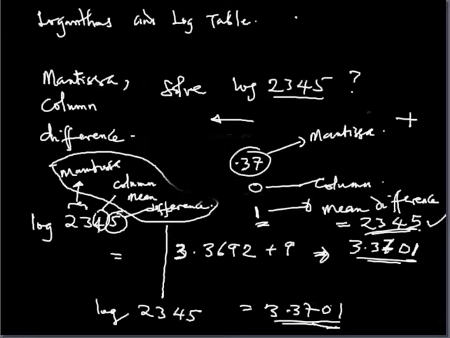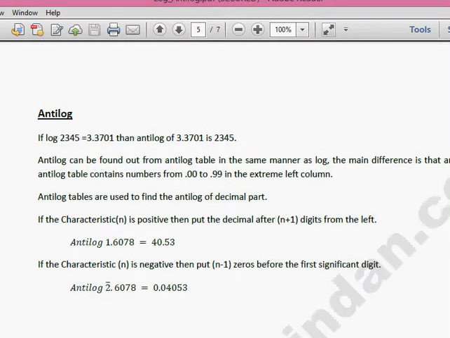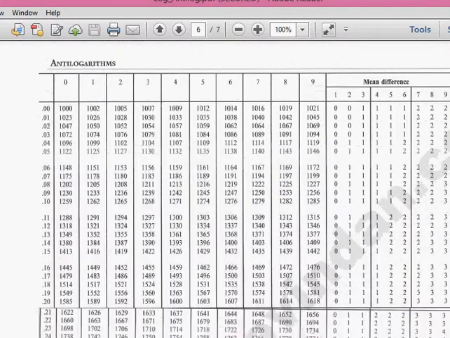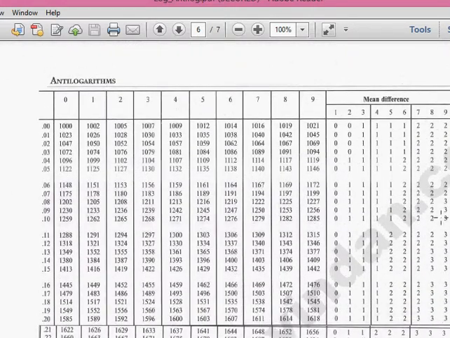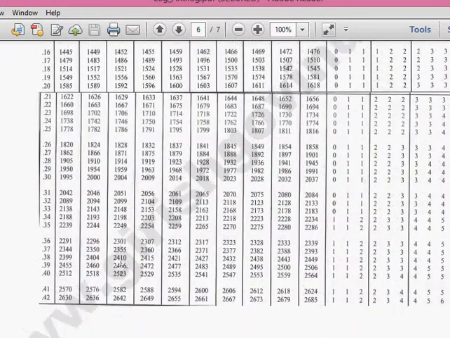In the antilogarithm tables, we have 37 under 0 plus 1. This is the mean difference area, this is the colon area, this is the mantissa, as we have talked about before. We have 3701 as our log value, but when we are going to get the antilog of it, we have 0.3701.